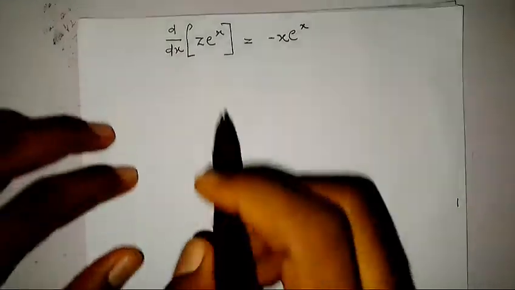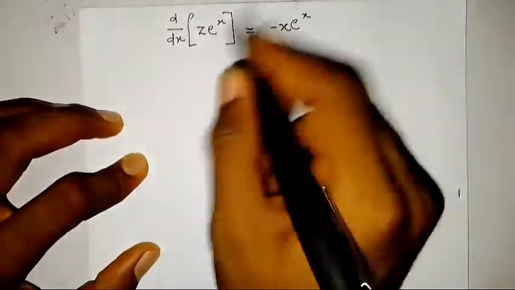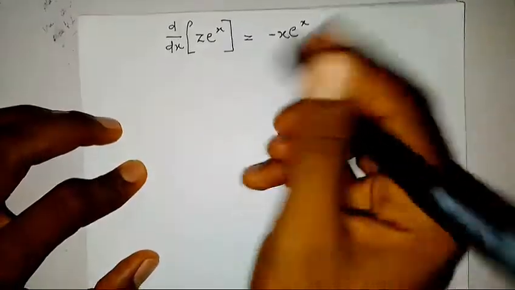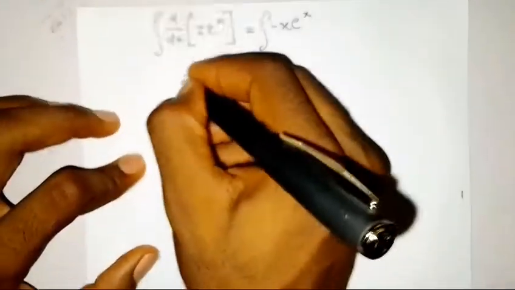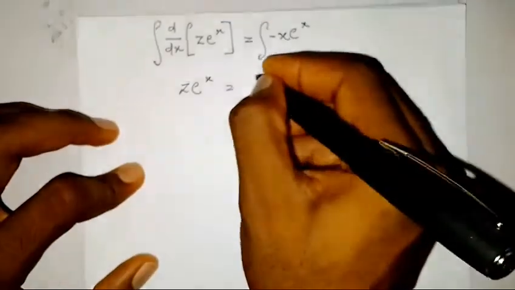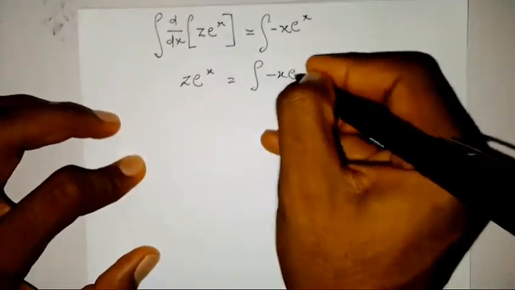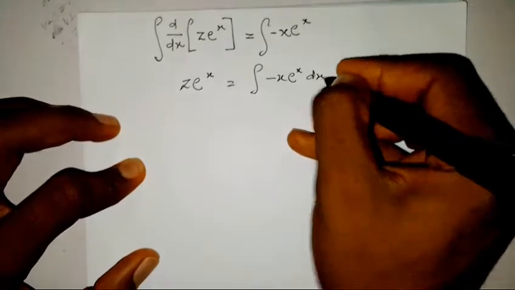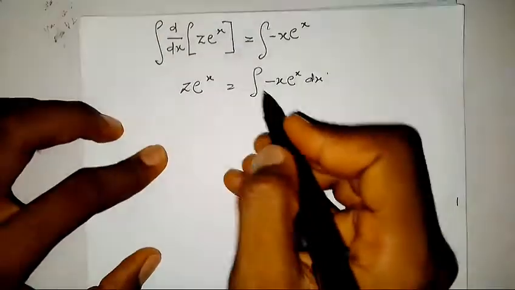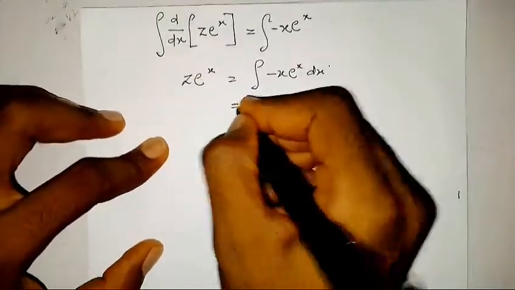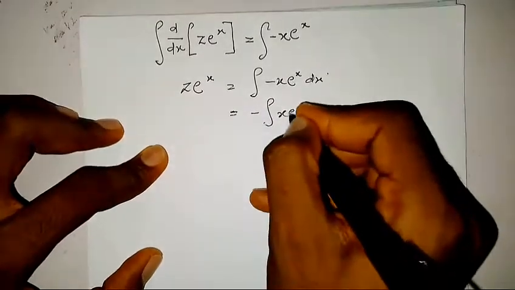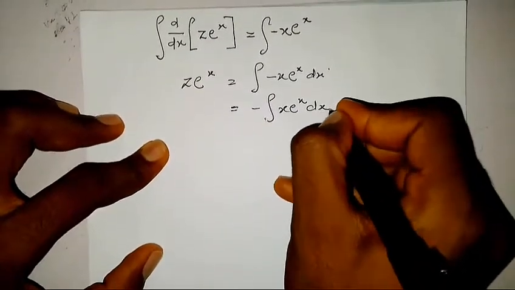So now our next step is to integrate. We integrate this and integrate this. We have z exponential x is equal to the integral of minus x exponential x dx, right? Now, taking the negative sign to the other side, this is minus integral x exponential x dx.